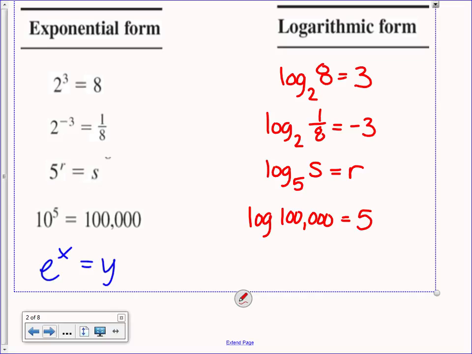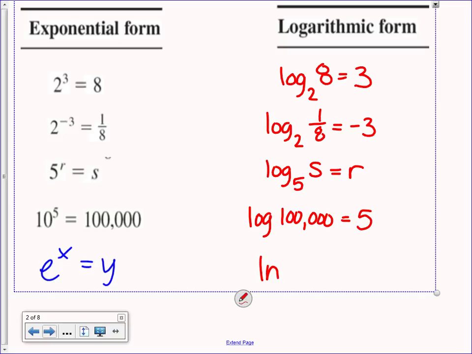All right, and then the last one, we have e to the x equals y. Remember, that's our natural exponential function. That converts into a natural logarithm. And the way we represent natural logarithm is actually with ln. It comes from the Latin form of the word, which was something like logarithmic naturalis.